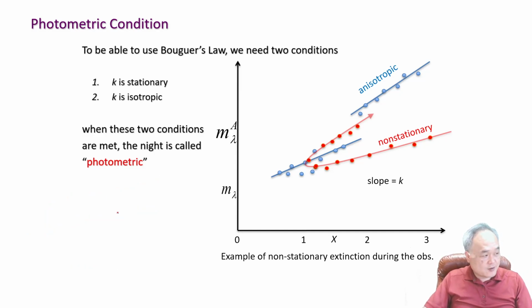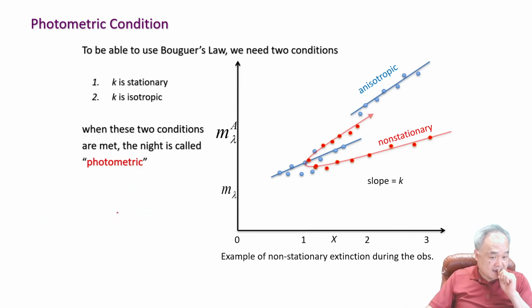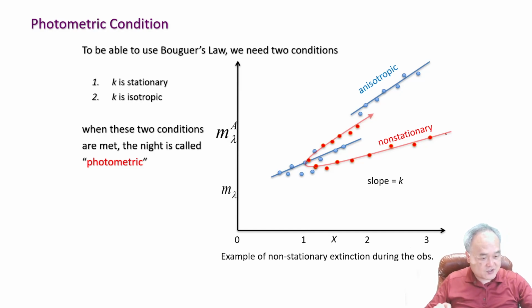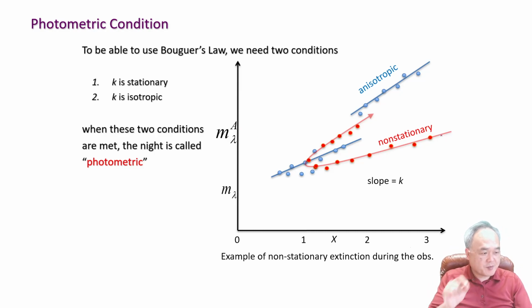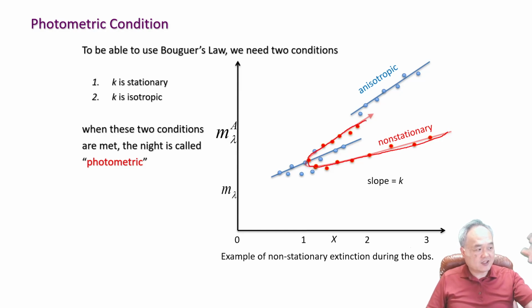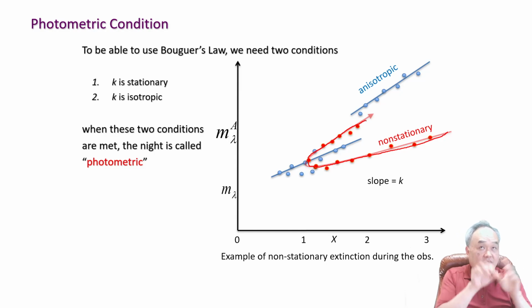What if your observation condition is not photometric? Then, by plotting m of a for one particular standard star, sometimes this curve actually turns around. This means the atmosphere is changing condition in that particular part of the sky, so it is non-stationary.